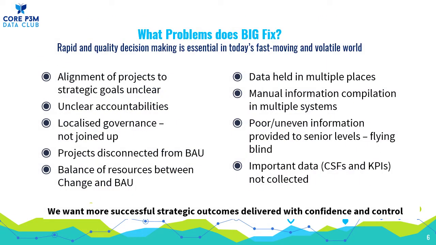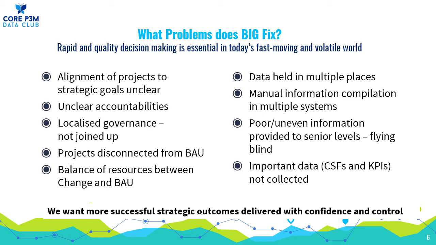So what problems does BIG fix? Well, firstly, if we're going to do any change, we'll usually have to sell a vision, and a vision will show us opportunity and things that we want to achieve. But in order to generate the vision, we usually have to start with an understanding of our problems and our pain points. Every organisation is going to have different problems and pain points.